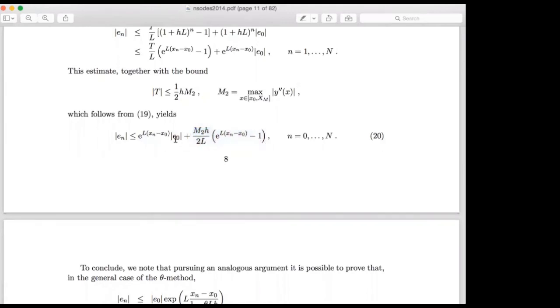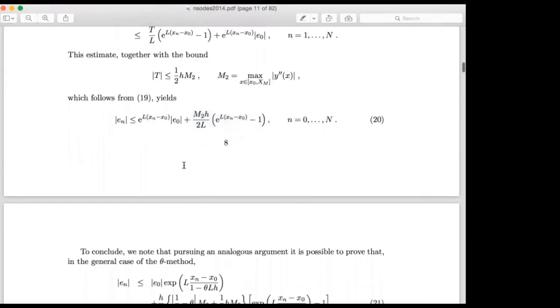So if E0 is 0, when will E0 be 0? When we are not using any approximate value of y0. As soon as we use the machine, we need to feed y0 in the computer. Once we do that, it may truncate it.